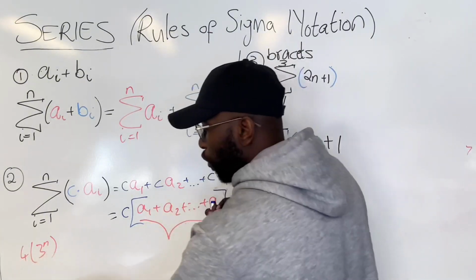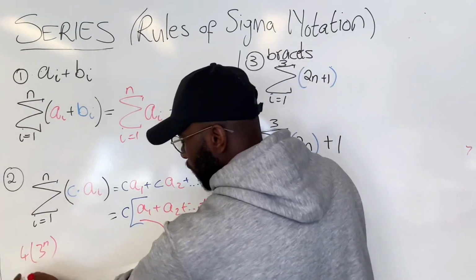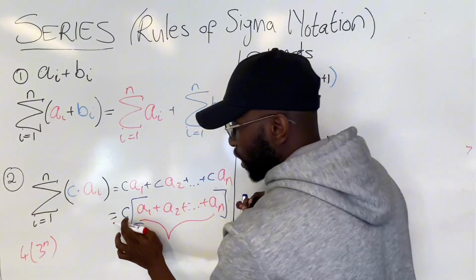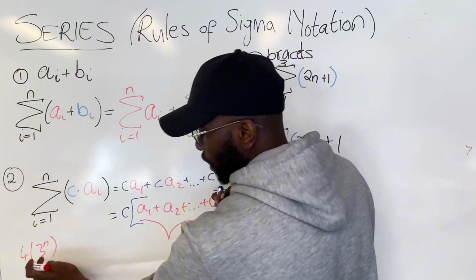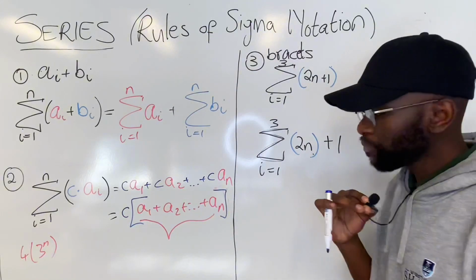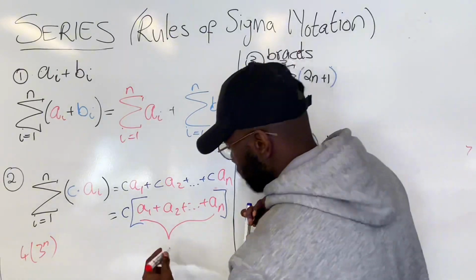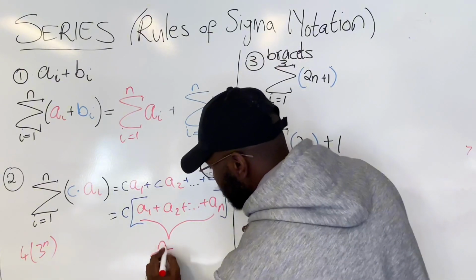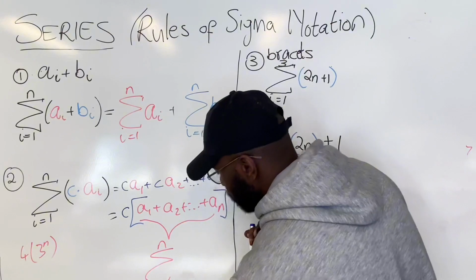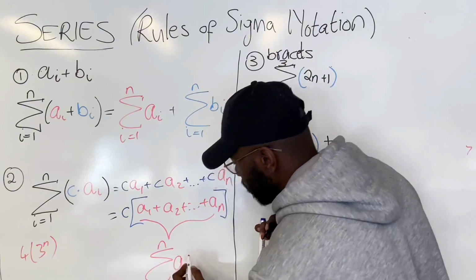So if we have 4 and we took out the 4 as a common factor, we'll be left with the sum of 3 to the power n, right? So let's just give that its own sigma notation and say ai.